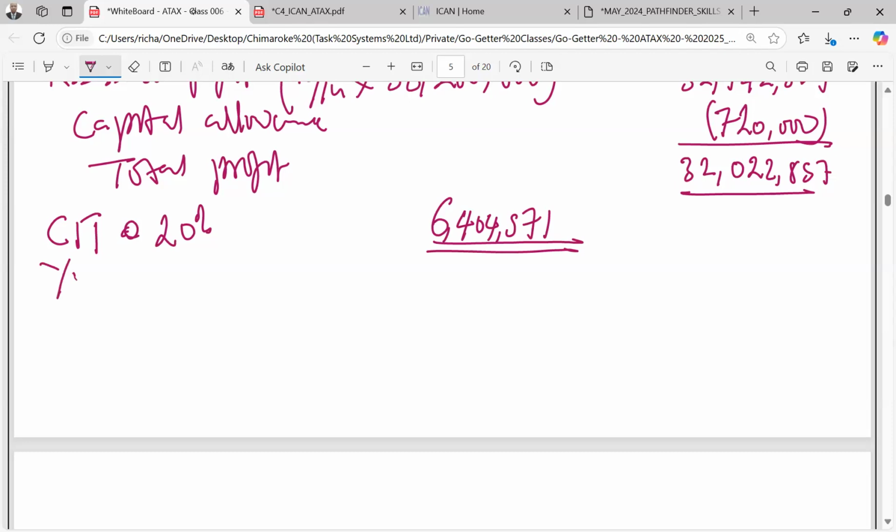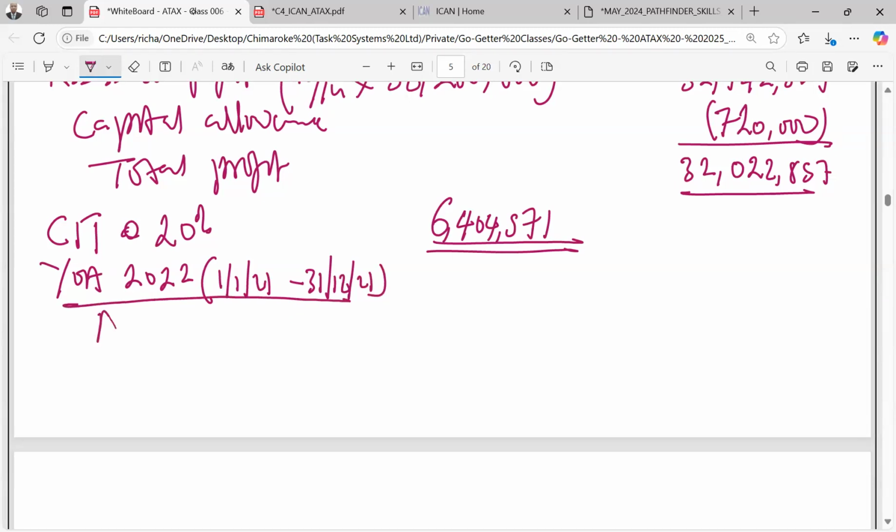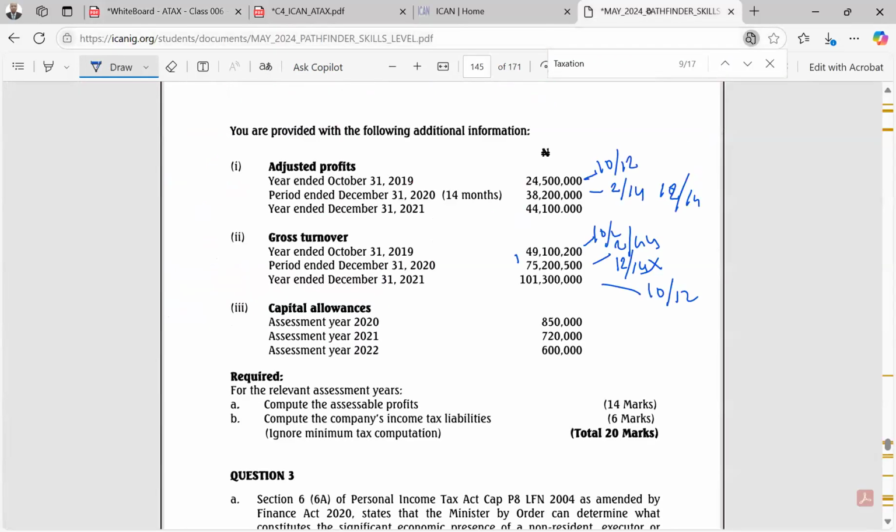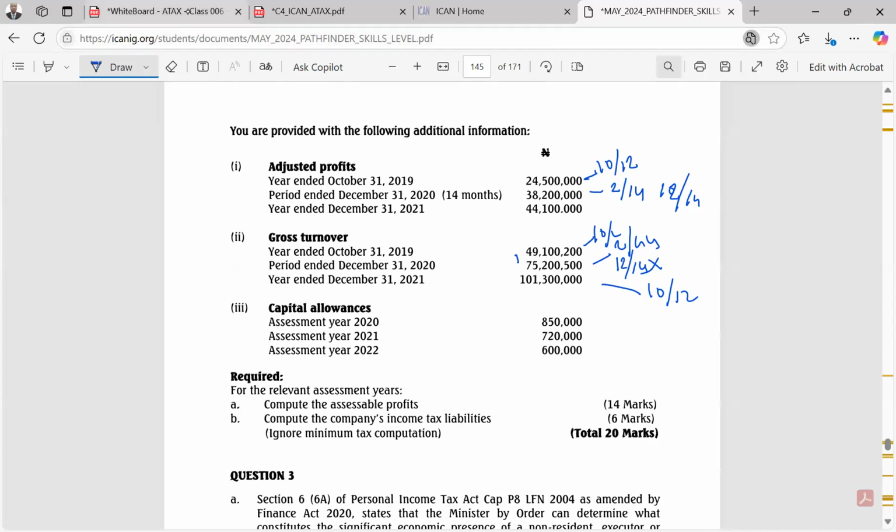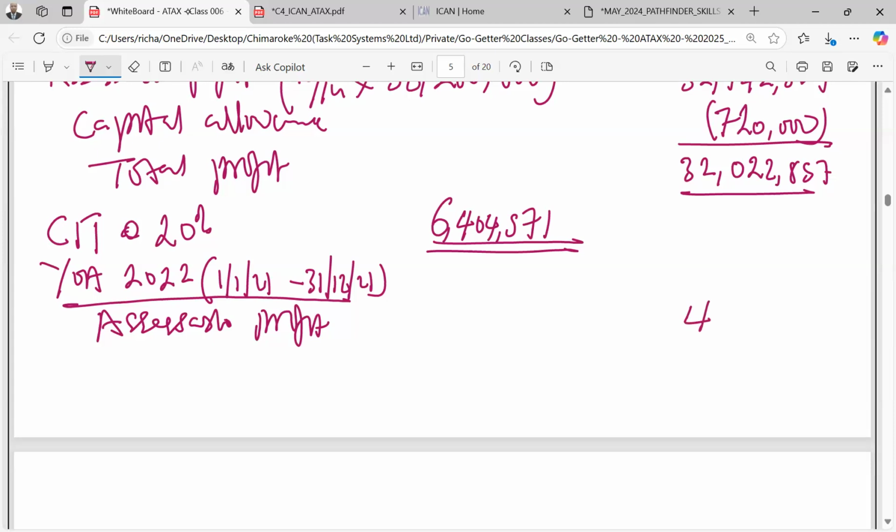We have our year of assessment 2022, and it will be January 1, 2021 to 31st December 2021. Assessable profits, straight 44,100,000.